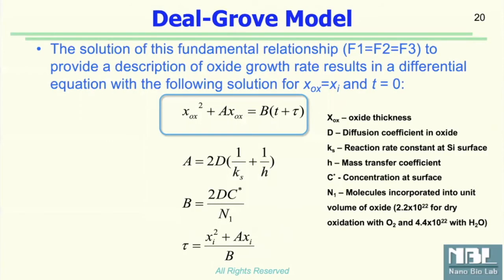Now, if you take this fundamental relationship and suppose we say all the fluxes are the same, we get an oxide growth rate equation, which is a differential equation with a simple second order solution, x oxide, the thickness of oxide.